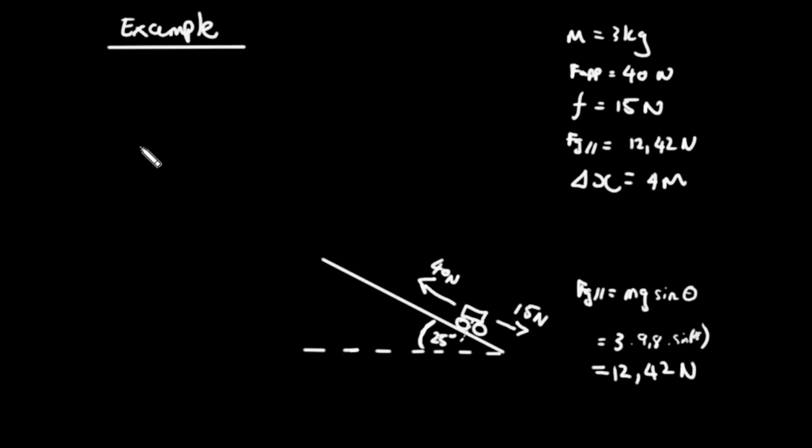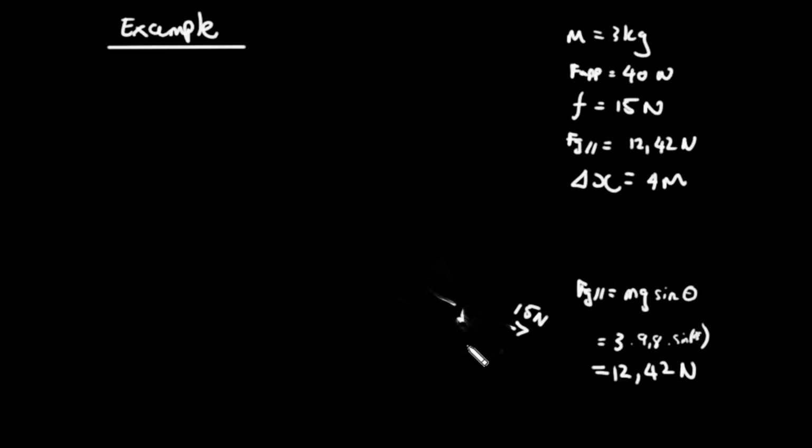Now, if we use approach 1, we need to calculate the work done by all of these components. So I'm just going to erase the diagram quickly, nicely, because you already know what's going on. We need to calculate the work of the force applied, the work of the friction, and the work of the parallel component done by the incline.